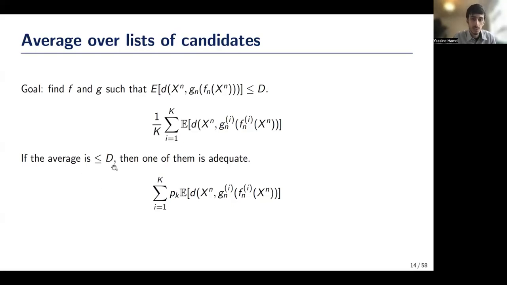If the average is less than D, then at least one of them is less than D. So what you can say is, oh, this looks like an expectation of this quantity. And looking at this as an expectation will simplify the computation a lot. It will make things very easy.